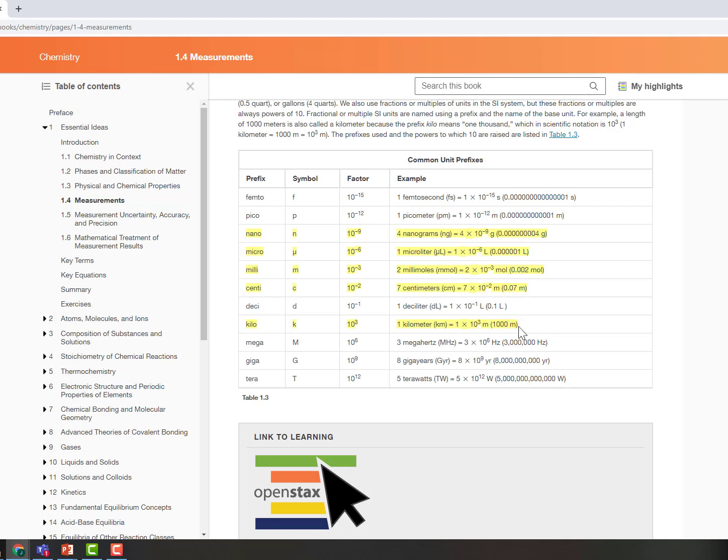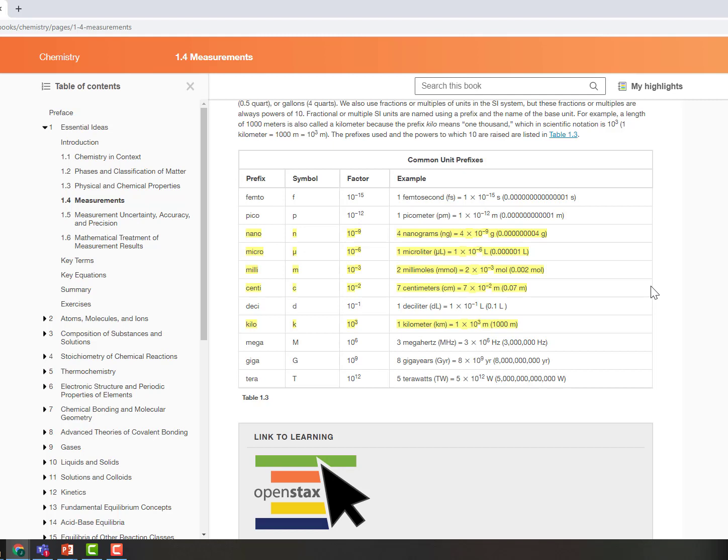So we're getting bigger here, whereas the other ones we're looking at smaller and smaller. So these are the 5 prefixes that I would want you to know. You can use that same highlight function on your own textbook if that would be helpful to you.